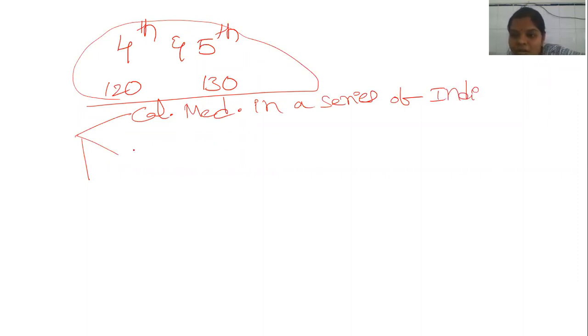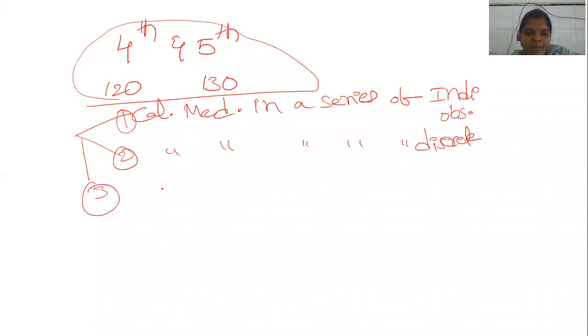The next one is calculation of median in a series of discrete observations.